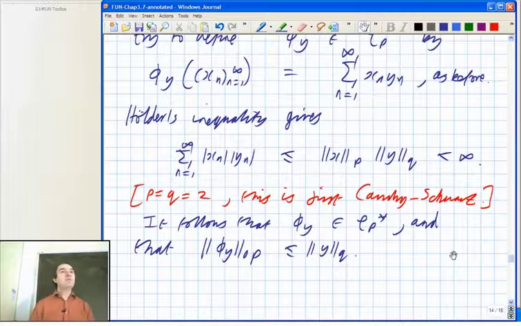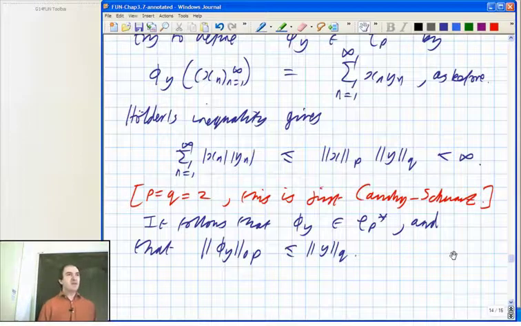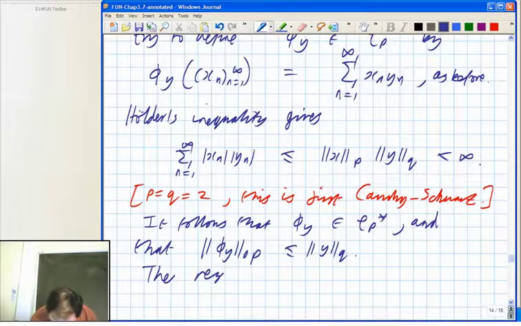And the rest of the proof is to show that you get equality there, and to show that every continuous linear functional on lp has this form. It's very similar to before, but there's a neat trick in the middle, which I won't go into. So the rest is similar to before.